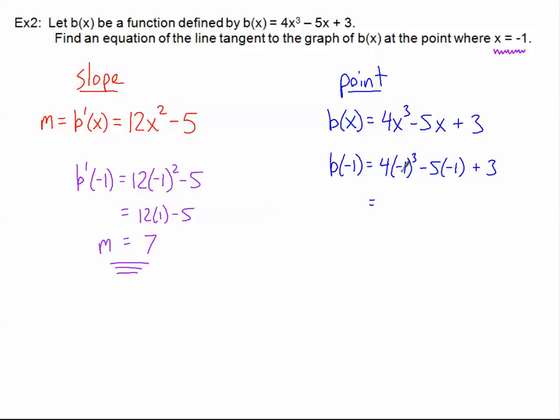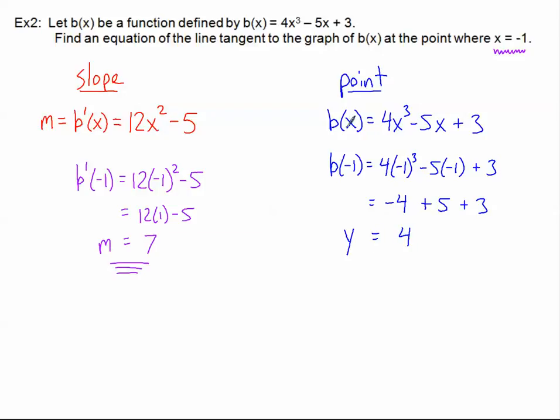Let's see what we get here. -1 cubed makes a -1, and 4 times -1 makes -4. -5 times -1 makes +5, and +3, of course, is +3. And now we've got -4 plus 5 is 1, plus 3 more is 4. So that means that our y coordinate is equal to 4.